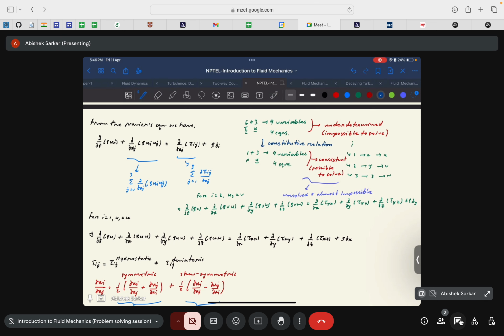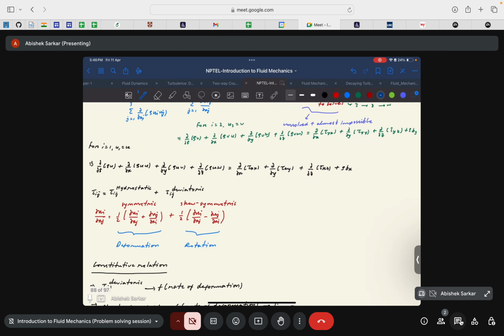So we're able to make this progress using the constitutive relation. Okay, so that's where the introduction of the constitutive relation is, that is relating the shear stress with the velocity gradients that basically corresponds to the shear strain rates. Okay, so our task is to find the expression for tau ij in terms of the shear strain rates, or basically the velocity gradients.